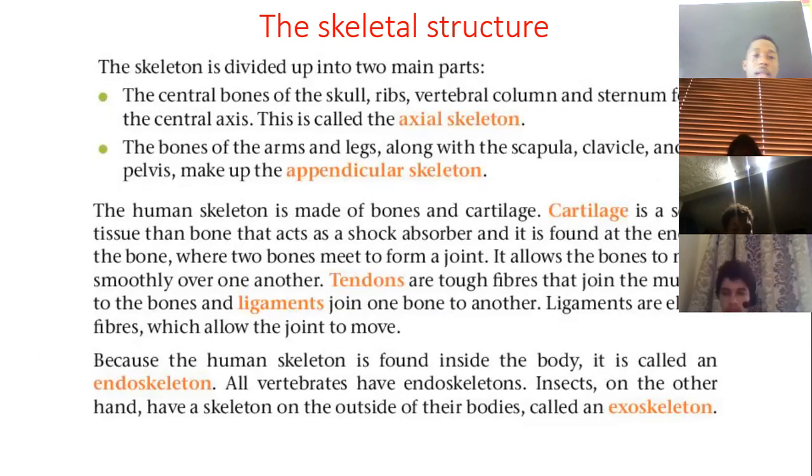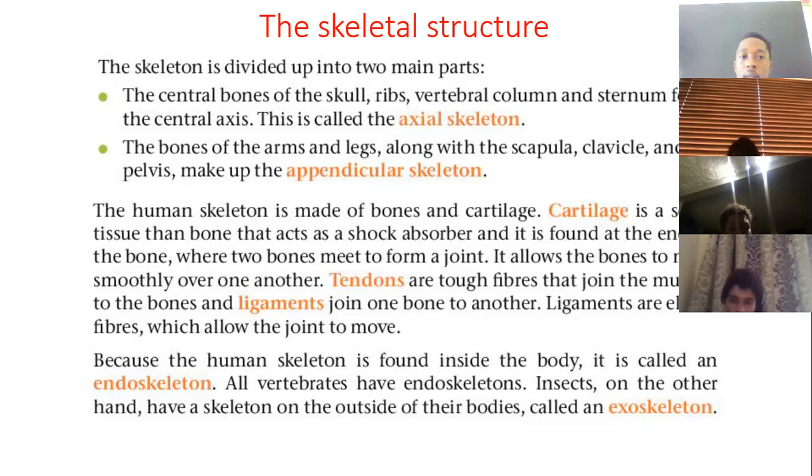So basically you have two main parts of the skeleton: the axial skeleton and the appendicular skeleton. Now they are telling you what is made up of each of these. The scapula, the clavicle, the legs, and the pelvis make up the appendicular skeleton. I'm going to show you a diagram that distinguishes between both of them.